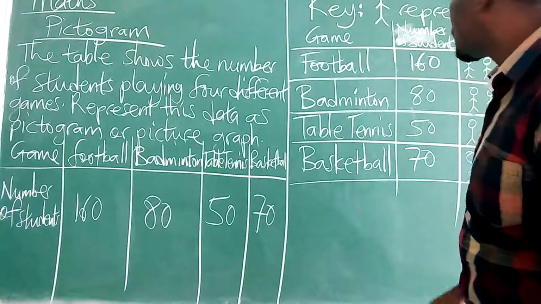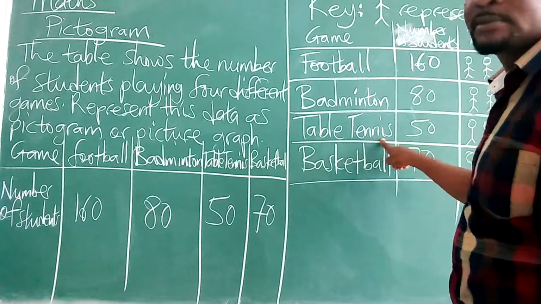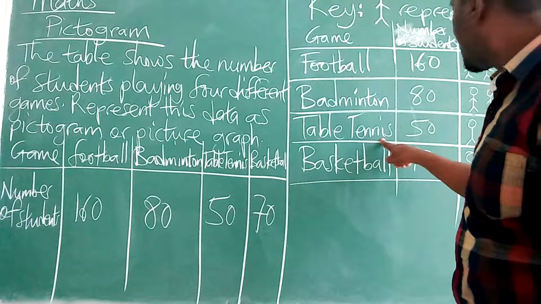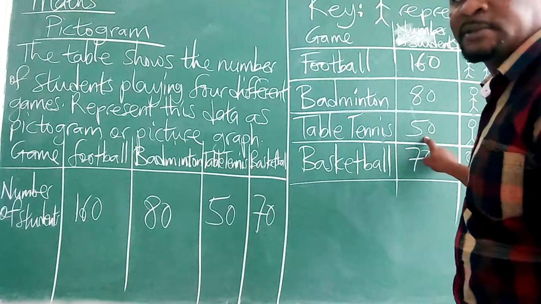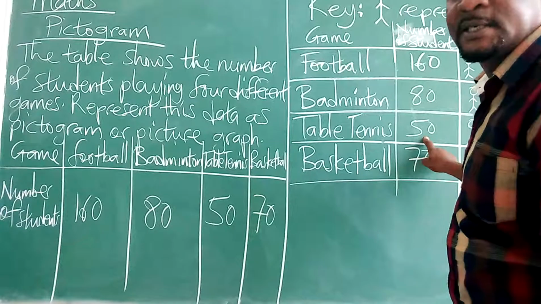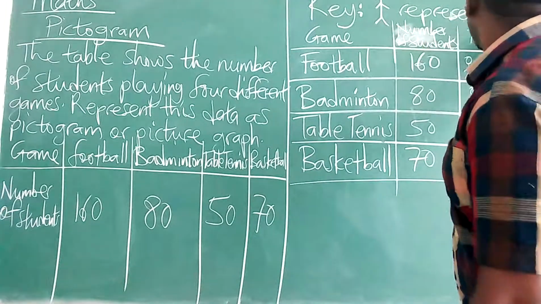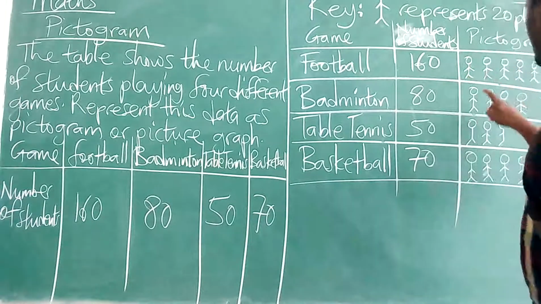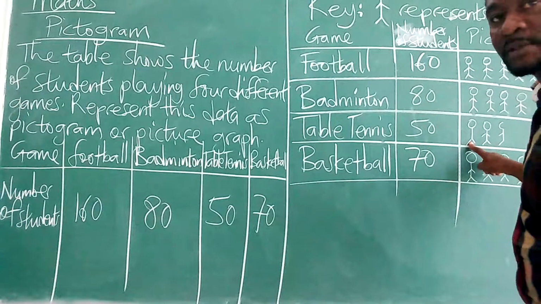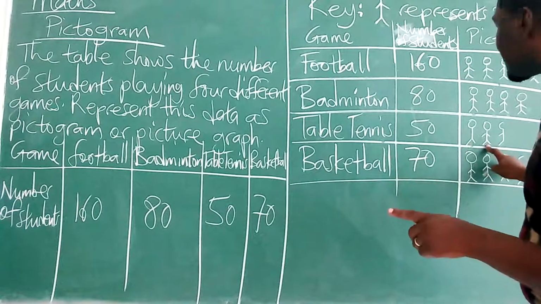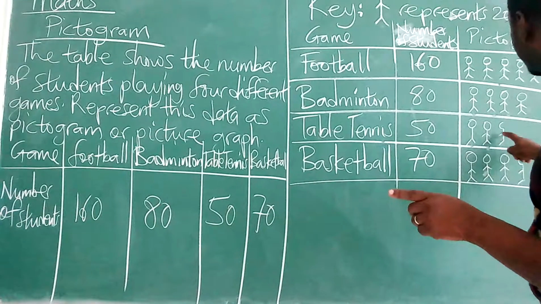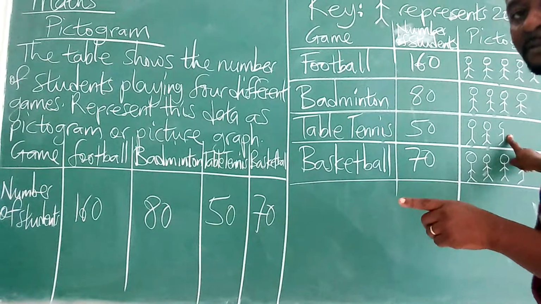Now we go to the next one, table tennis. We have 50. And one person like this represents 20 players. So here the first one is 20 plus 20, 40 plus half person.